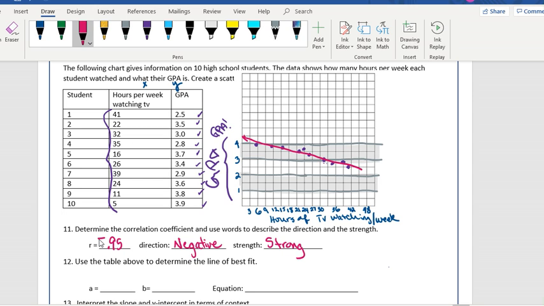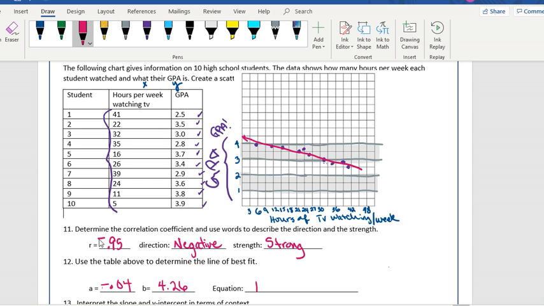Use the table above to determine the line of best fit. Okay, so I've put this in and I found out that A is 0.04 and it's a negative. My correlation coefficient is negative, so my slope has to be negative, so don't accidentally put the wrong thing. 4.26, it says, is the highest GPA I could have if this were going all the way to the line, which is a little more believable, maybe if you had a couple of AP classes.